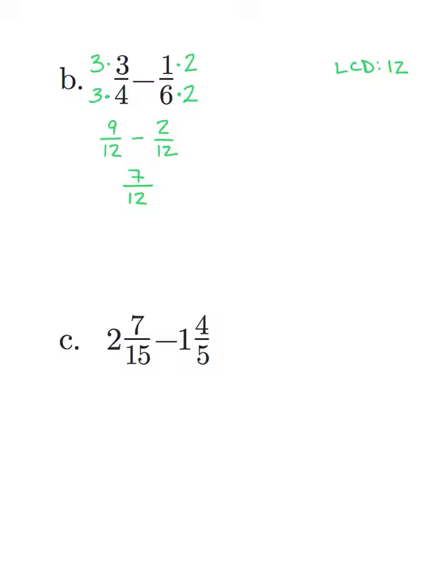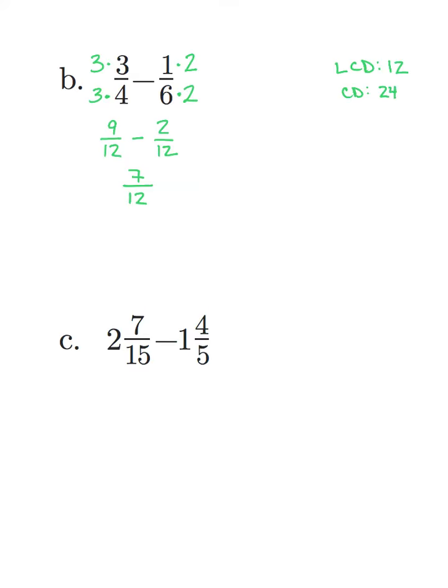Now, if you recall, when we talked about greatest common factor and least common multiple, one of the things we said was that you don't necessarily have to find the least common denominator or the least common multiple in most problems. It just makes it easier. So this time, just to show you that this does not matter, let's just find a common denominator. A common denominator for this problem could be 24.